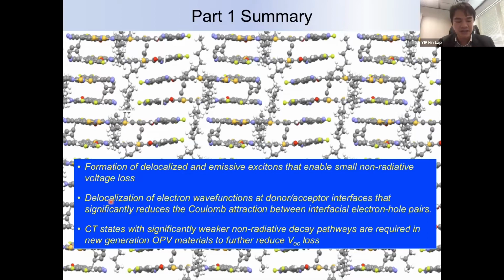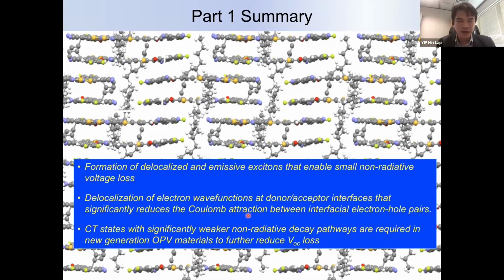And the CT states are also significantly weaker, right? This non-radiative decay pathway needs to be suppressed in new generation OPV materials to further reduce the VOC loss. Okay, so this is the first part about crystal structure and performance relationship in OPV.